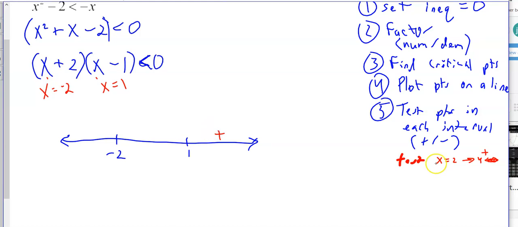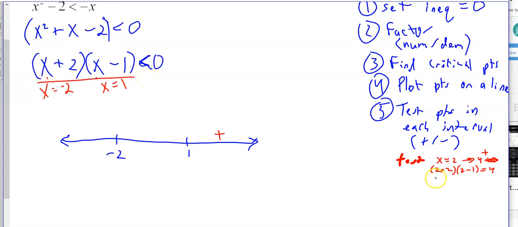Just to show you what I did, I did 2 plus 2 times 2 minus 1, which is 4 times 1, which is 4, a positive number. So any number I plug in that interval, I could have plugged in 10, 20, 100, I'm going to get a positive number when I plug in for the x's.